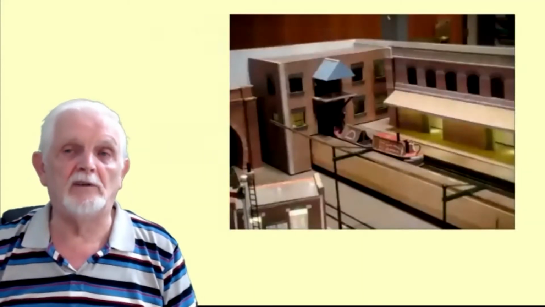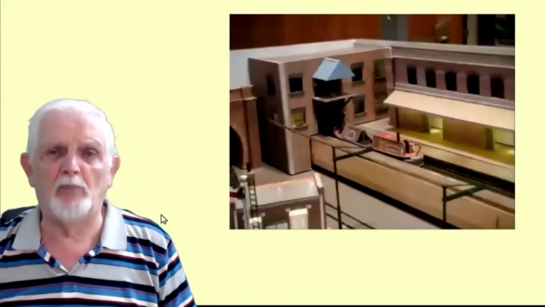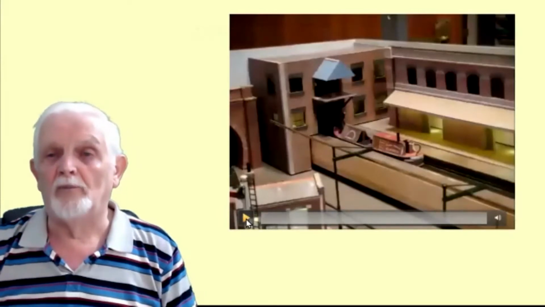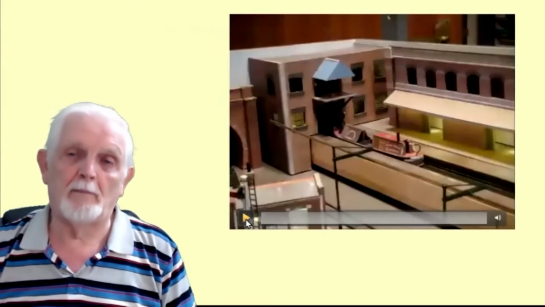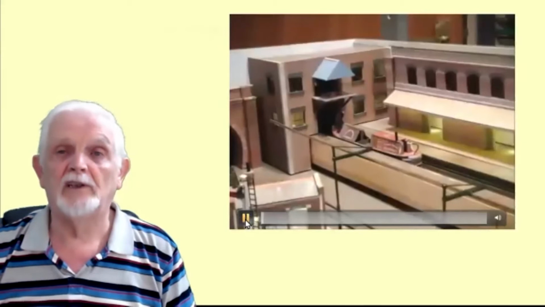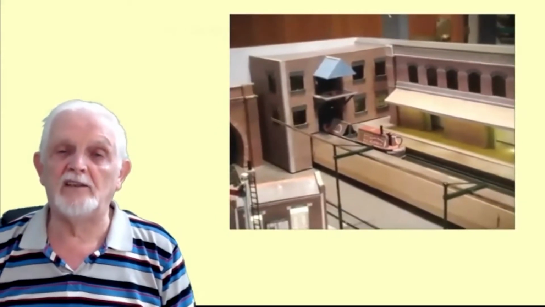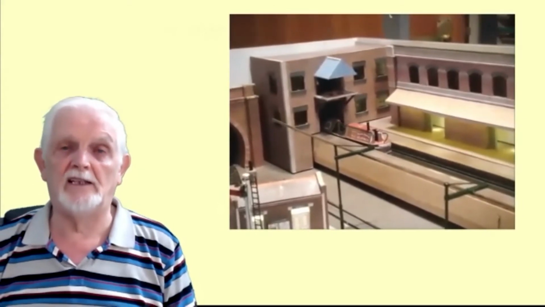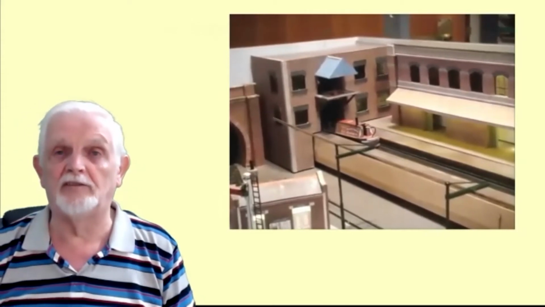This is one of the other layouts we've got. It's only partly built at this stage, but the idea is that we have a threaded rod that's going to push a barge along a canal into a warehouse. And when it gets in there, it's going to hit a micro switch, and that will initiate a series of animations on the layout itself.